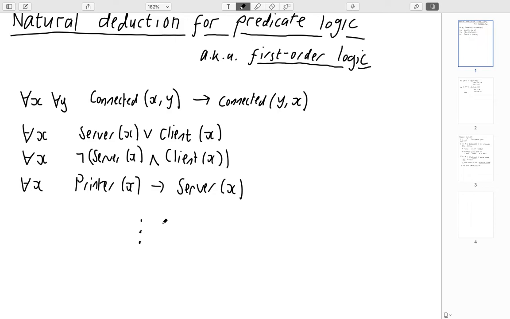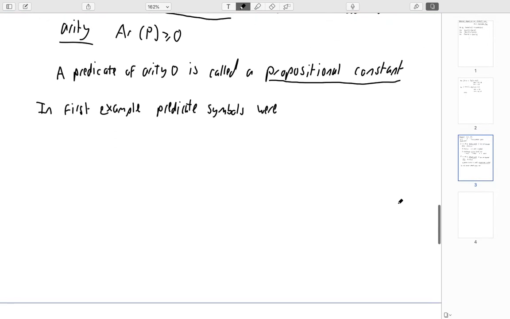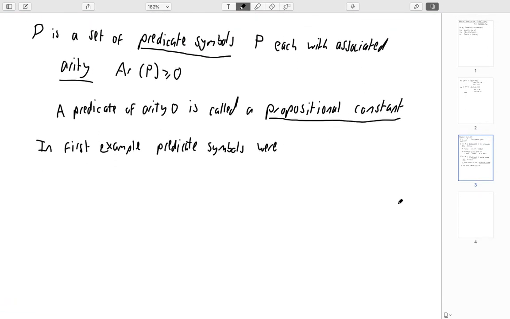So let's go back to the page we were working on here. So they were connected, with arity 2. Let me just write that like that.